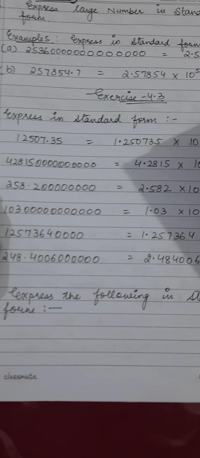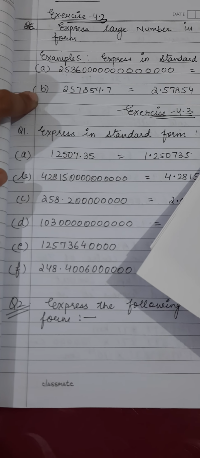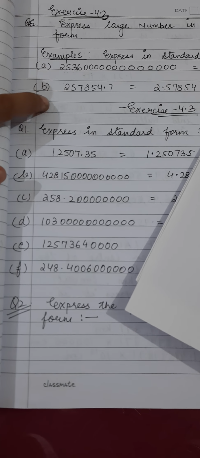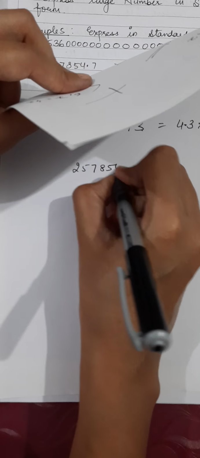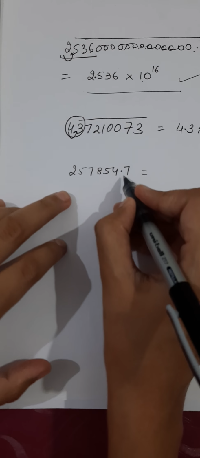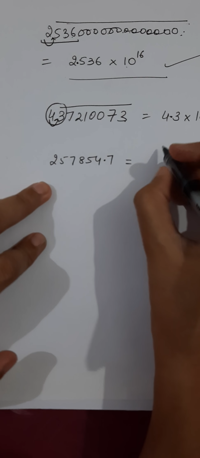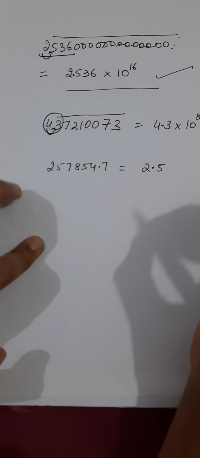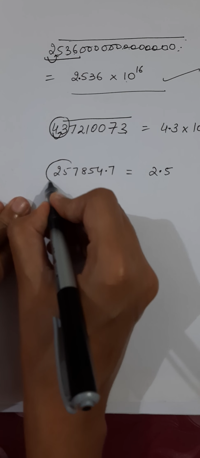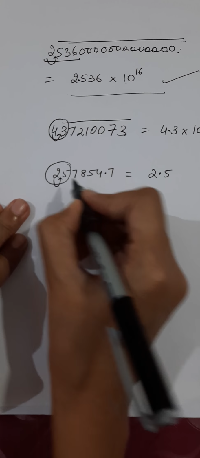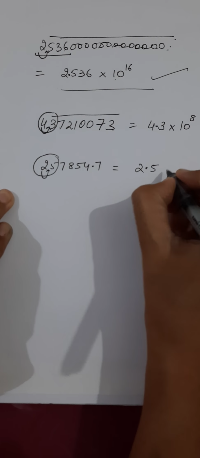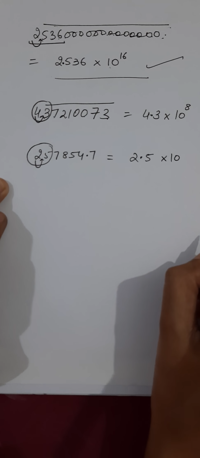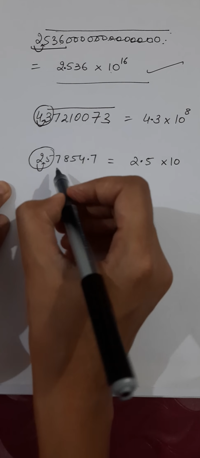Now let's move to the next one. What if there is a decimal in the question, 257854.7? Decimal is there. Now the very first thing we do is write the first two numbers. Just after the first number, place the decimal, and then we write into 10 to the power. Now how are you going to find the power of 10?